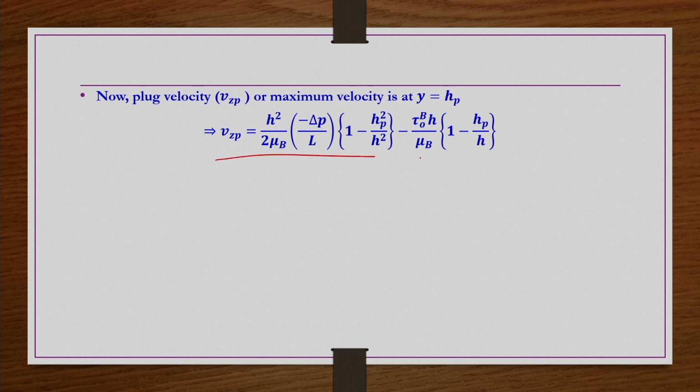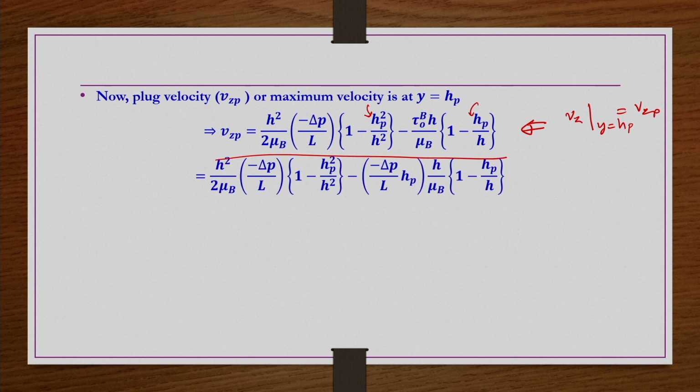That will give you the maximum velocity, or the plug velocity, which is at y equals Hp. In the Vz expression, wherever y was there, we substitute Hp, and then we get Vzp. So this is what we have.